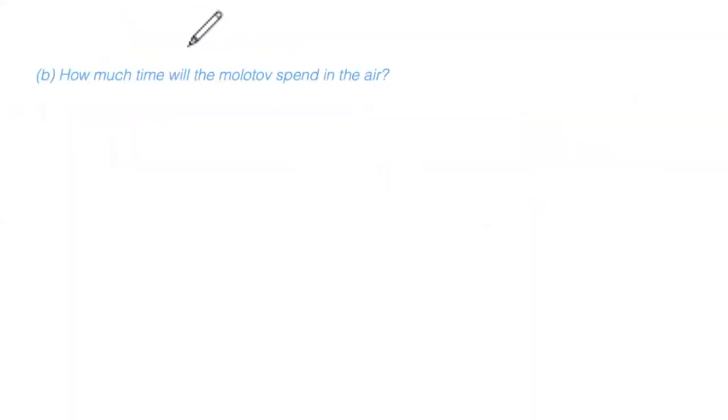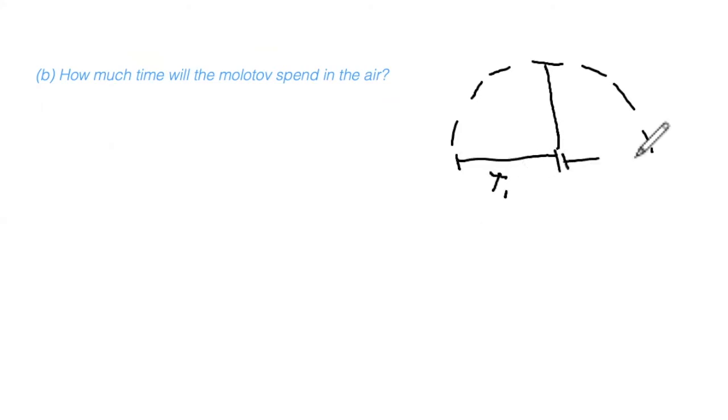All right, second part, how much time would the Molotov spend in the air? There are two components that we could use. The first one is time 1. The second part is time 2. And we could use our kinematics to solve for time for both of these halves. The first half is when the Molotov is thrown with initial vertical velocity, right?